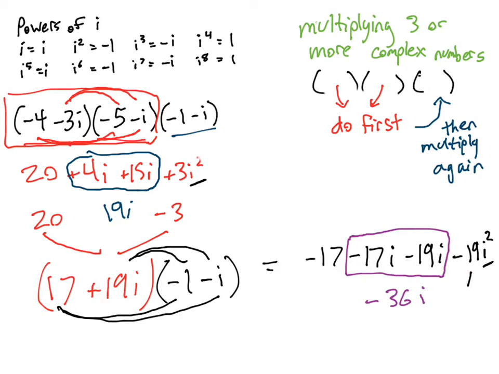So -19i squared is -19 times -1, which is +19. Now we can combine together the real parts of this answer. -17 plus 19 gives us +2. So we have +2 minus 36i.